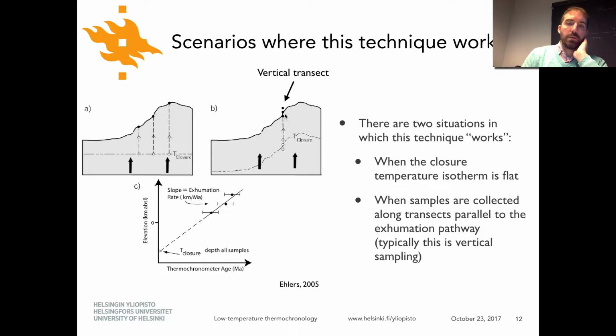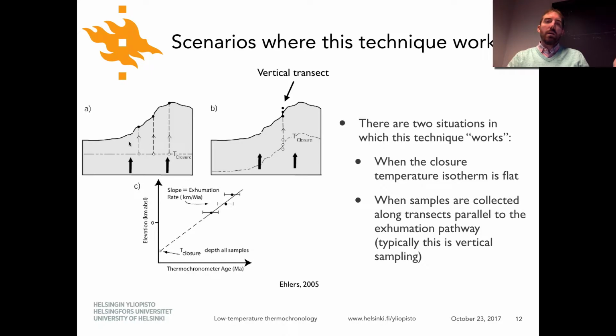The other situation in which this works is if you have a perfectly vertical set of samples and vertical rock exhumation. So if you have a cliff face or something like that, there's some people that have done work in some of the national parks in the western US, for instance, where you have these big glacial valleys and like 1.5 kilometers of just wall. If you're skilled enough at climbing to collect the samples, you have a perfect sampling scenario because you can just go right down that wall.